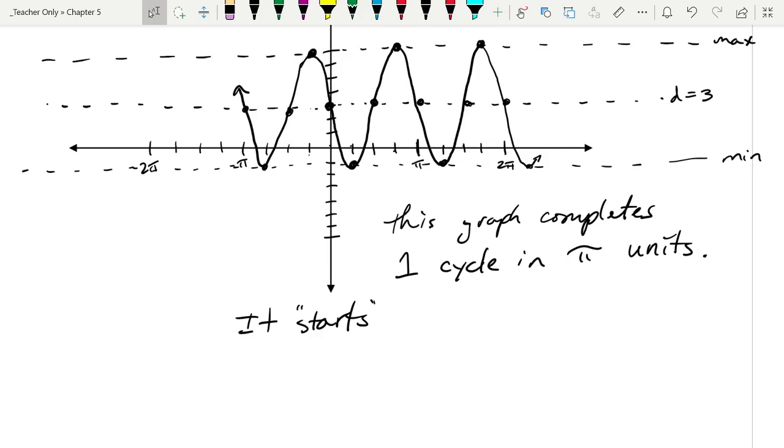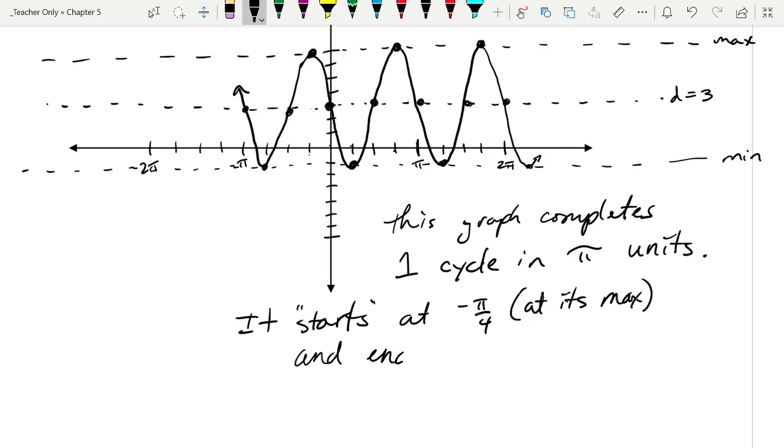It starts at negative pi by 4 at its maximum because it's a cosine graph, and ends one cycle at 3 pi by 4. Get it? Pi units to the right.